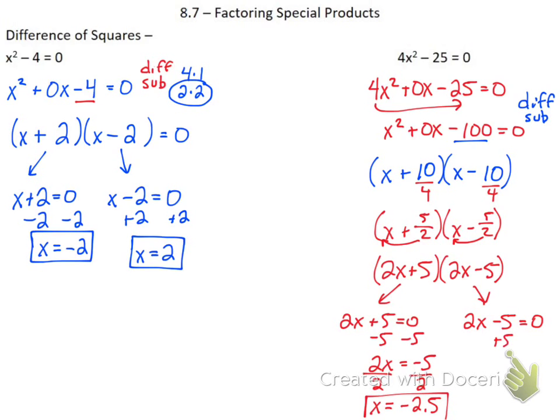And then add the 5 to the other side, get 2x is equal to 5, divide both sides by 2, get x is equal to positive 2.5. Again, when it's an ending decimal, I can go ahead and write it as a decimal. If it's a repeating decimal, I should change it or leave it as a fraction.